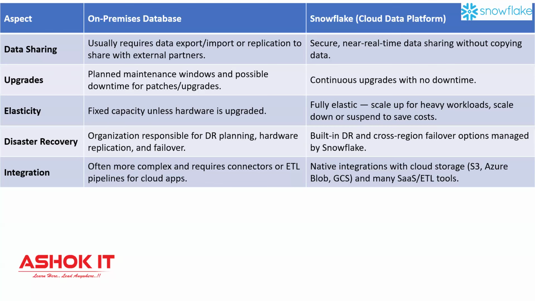All those things you need to take care of. But in Snowflake, you no need to worry about anything. It has native integration. In the documents they have provided all the features on how you connect your Snowflake with other partners. It is very easy to connect with any one of them.